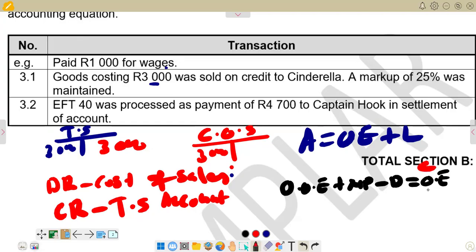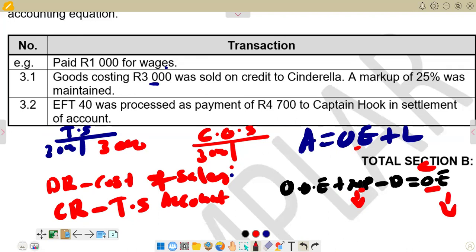So basically, the closing balance is the one that we have here. So what we are saying is when we are charging cost of sales, it reduces the figure for net profit. So this figure is going to go down. So if this figure goes down, it means also owner's equity is going to go down.